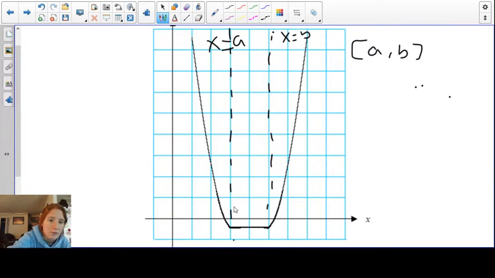So this is an example of decreasing. If we take a look here from b, as we go onward, x's are getting bigger, y's are getting bigger. This is an example of increasing.